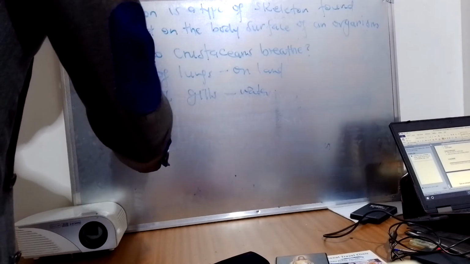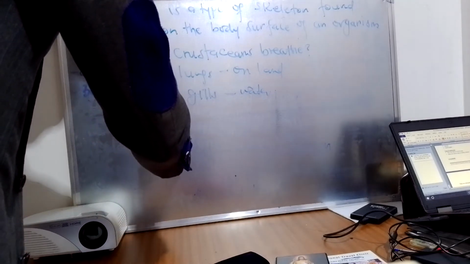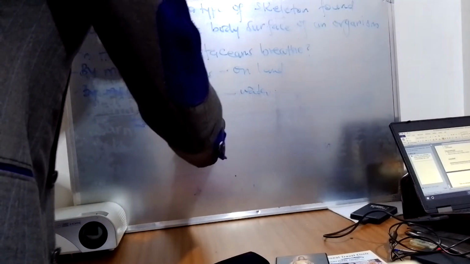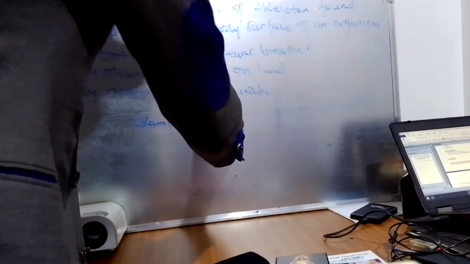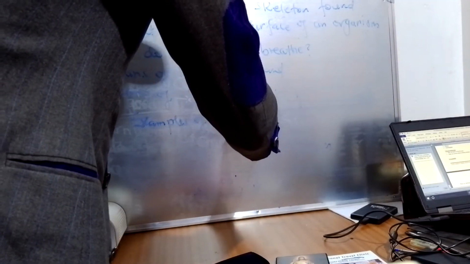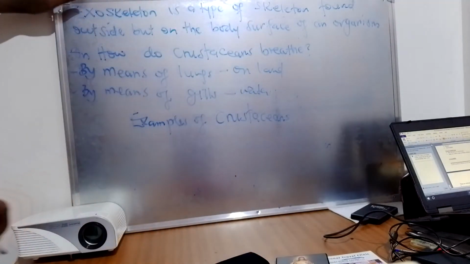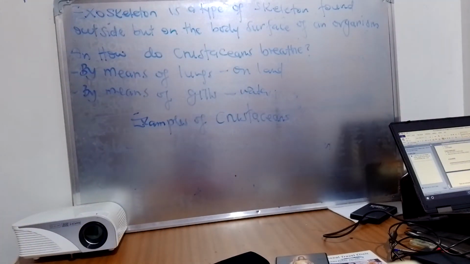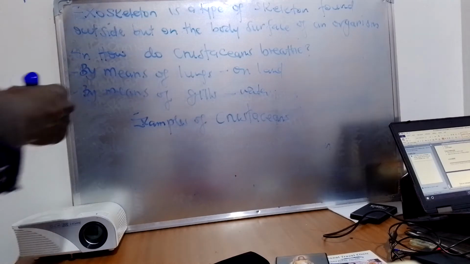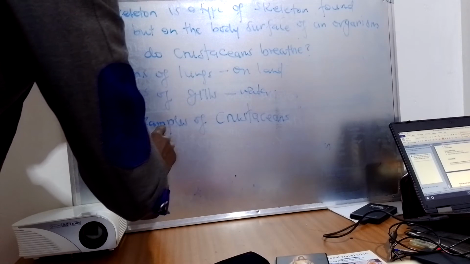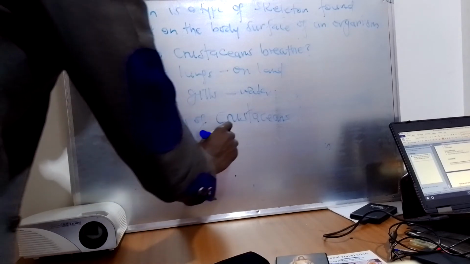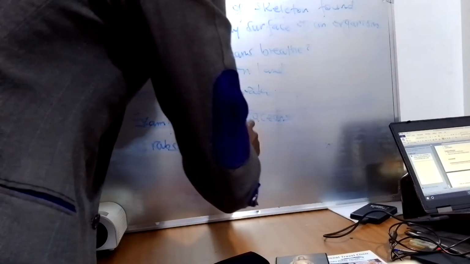Can we have examples of crustaceans? Examples of these organisms we call crustaceans. We have crabs. Number two, we have crayfish.